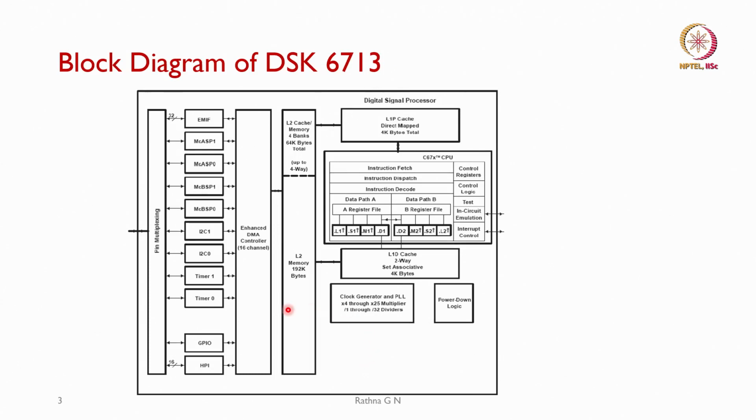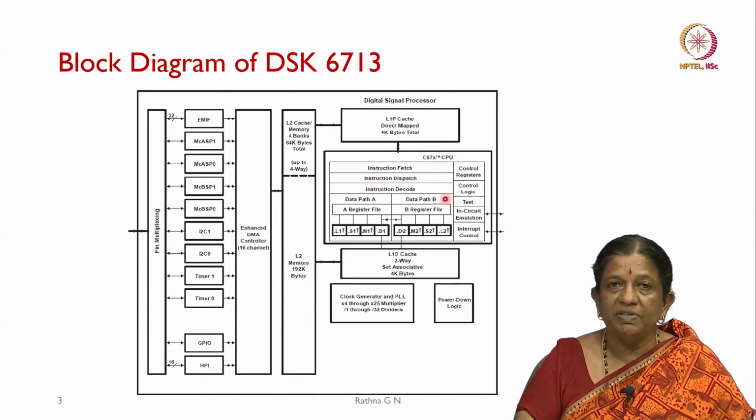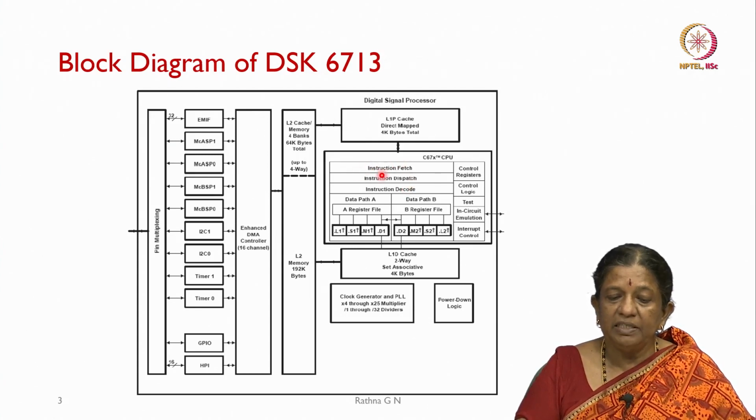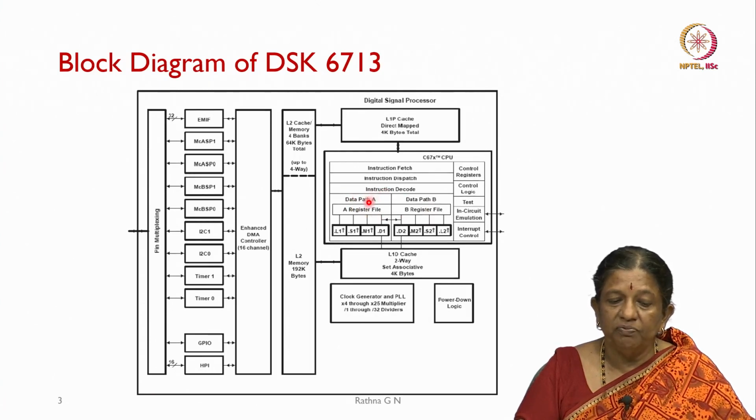Coming to the block diagram of the DSK6713, the core 6713 CPU is shown here, which has instruction fetch, instruction dispatch, and instruction decode. After that we have the data path for 2 functional units.